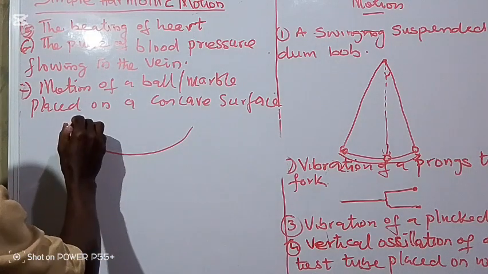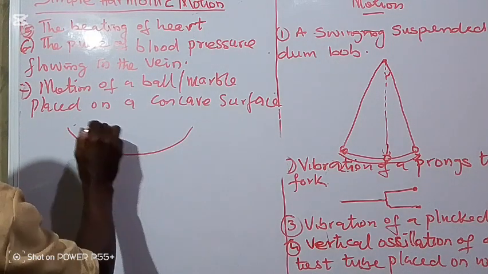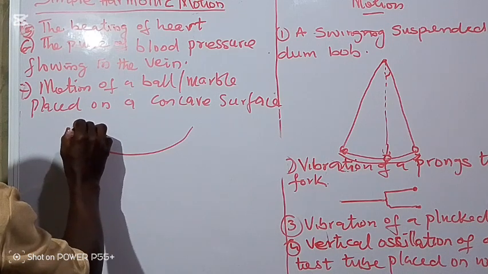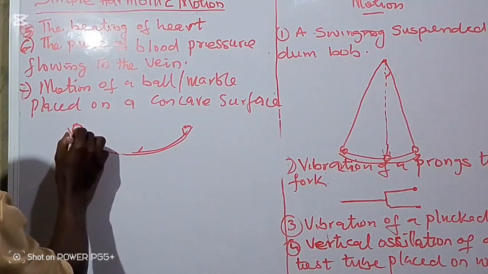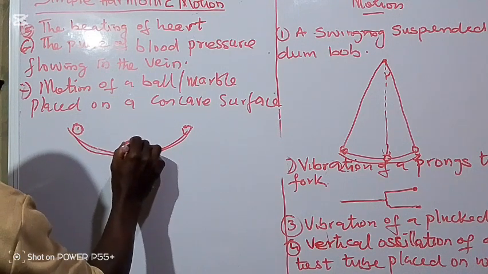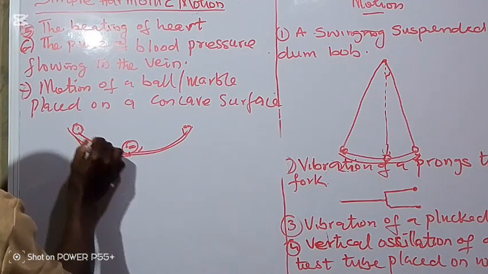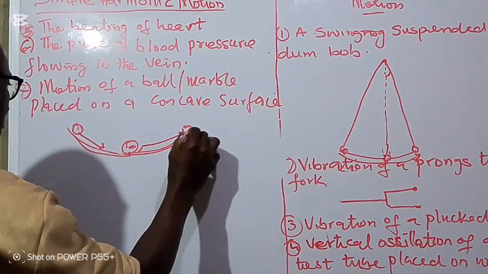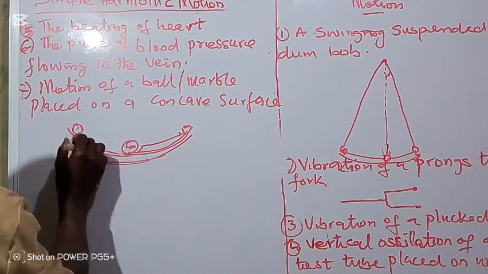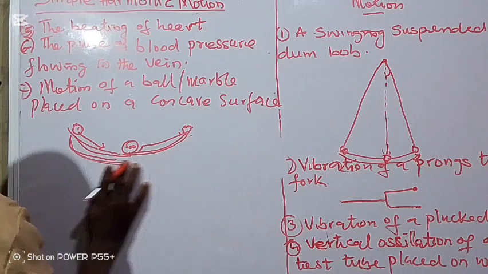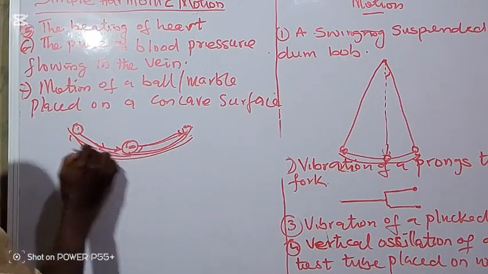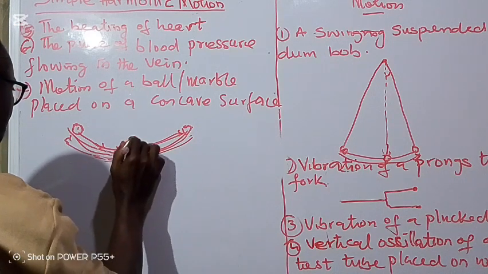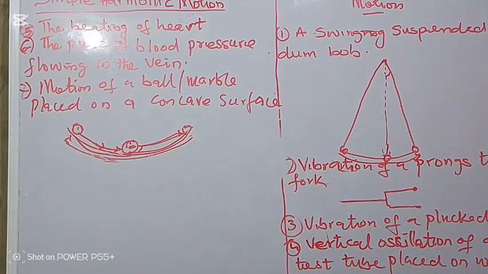When you place a ball on it, the ball will roll down and go back. This is the equilibrium position. So it will roll down, up, up, up like this. The motion will be like this: it will roll down, roll up, and go back, settling in the equilibrium position. So this is a typical example of simple harmonic motion.